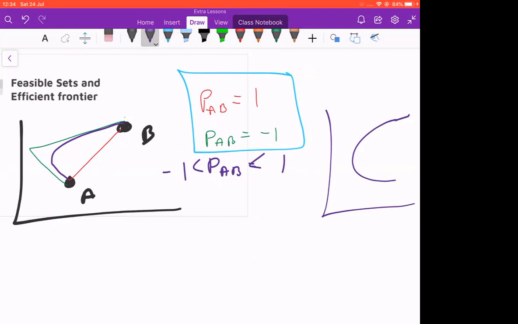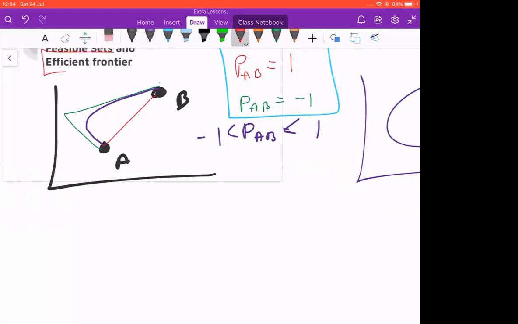We expect the correlation to be between -1 and 1, although we don't know to which degree, unless they state otherwise. So if they ask you to draw a feasible set, this is how you are going to draw it.